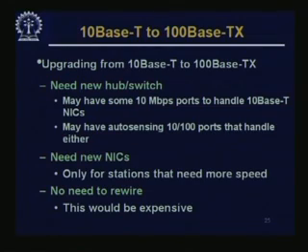So if you want to upgrade from 10BASE-T to 100BASE-TX, you may need new NICs only for stations that need more speed, and there is no need to rewire. That may be a big advantage in some cases.